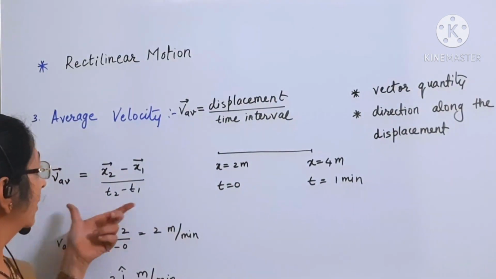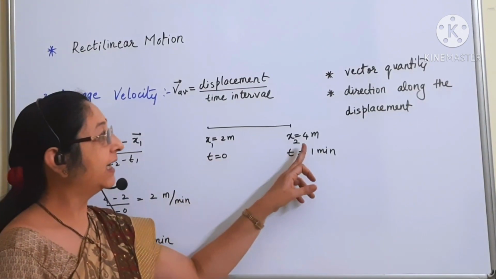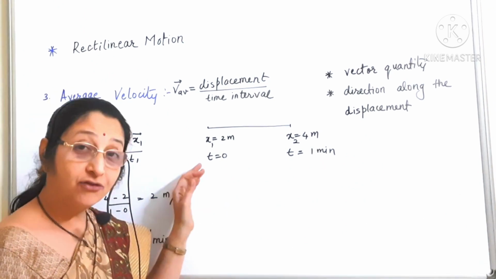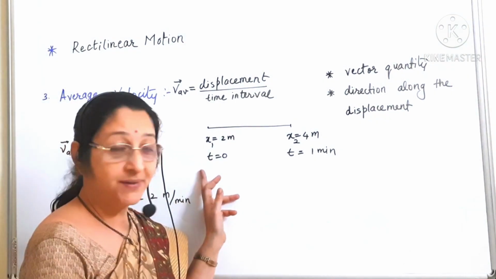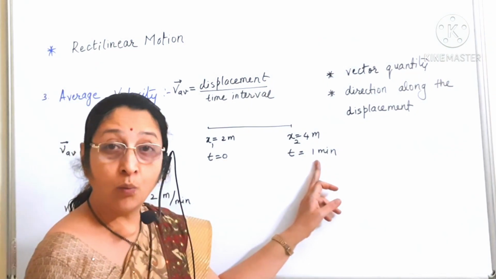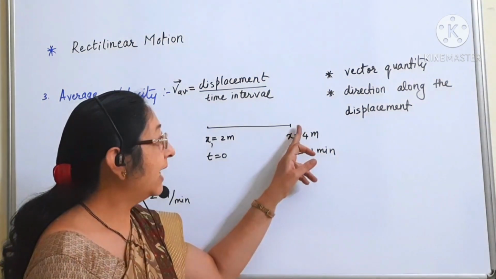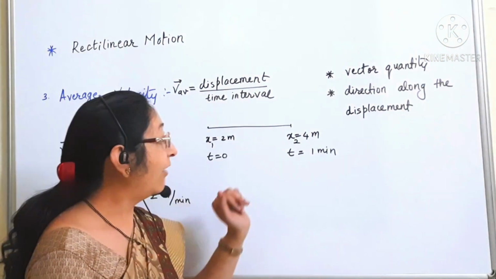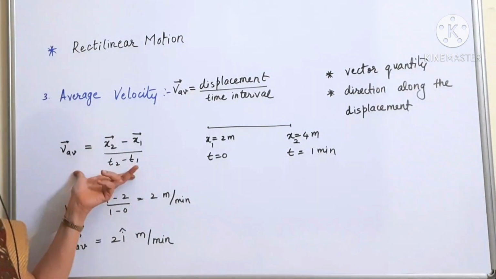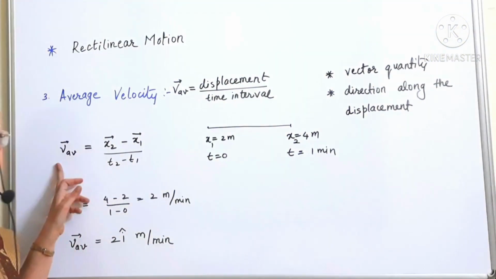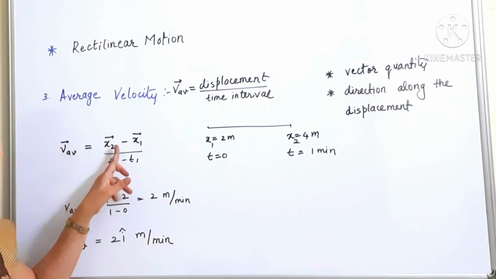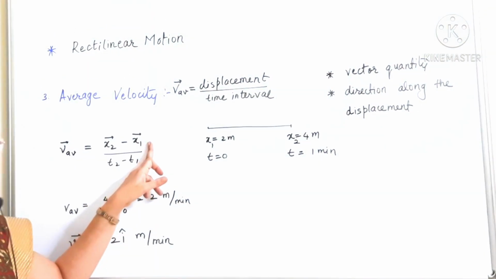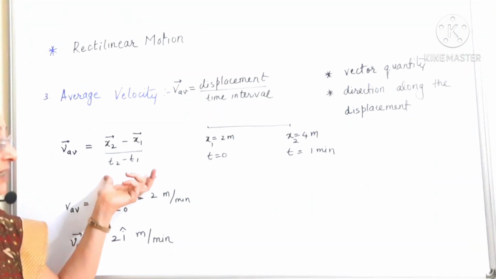Now, supposing a particle is at point x1 when time t equals 0, and after 1 minute, the particle arrives at point x2. So the average velocity, according to the definition, V average is x2 minus x1, or vector x2 minus vector x1, upon t2 minus t1.